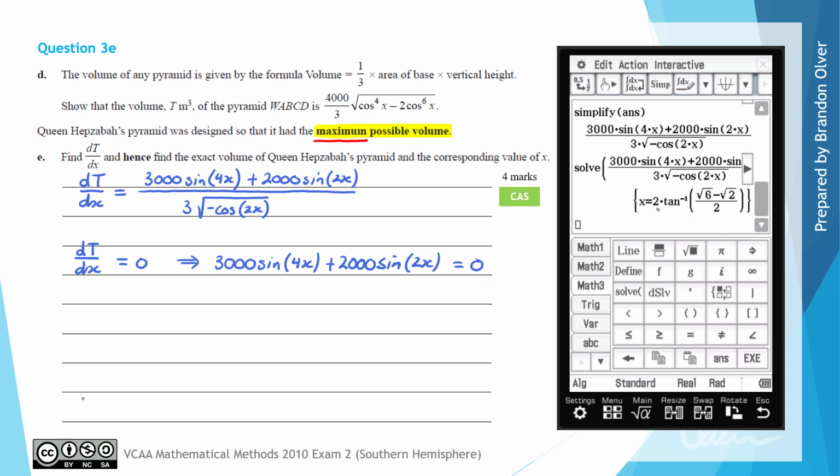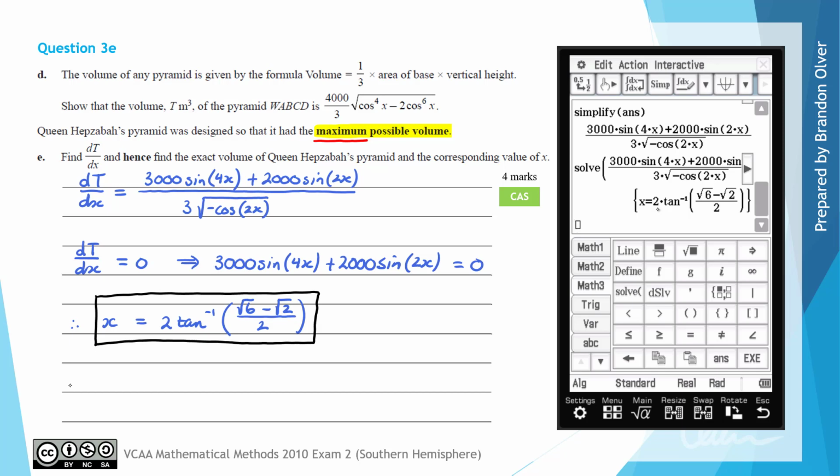So solving on the CAS calculator with the suitable restriction that we needed, we found that the x value is equal to 2 tan inverse, and then in brackets we had root 6 minus root 2, all divided by 2. So that's part of the answer to this question. That's the value of x that does maximize the pyramid's volume.